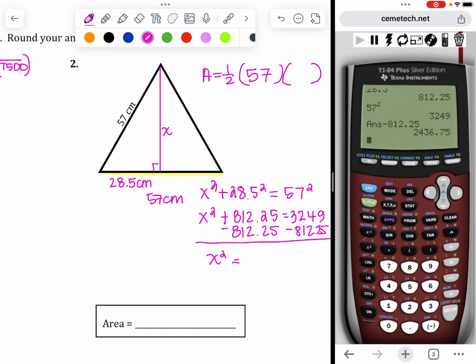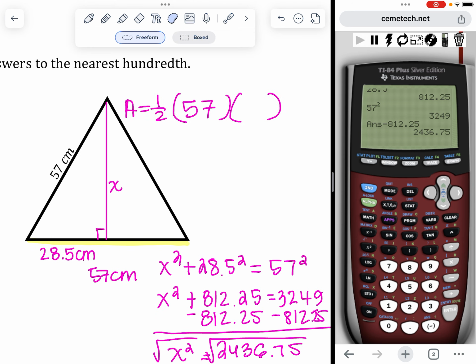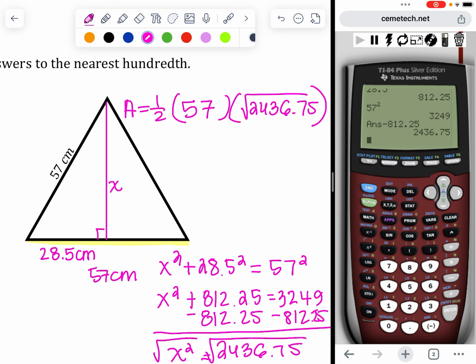Enter. So that's 2436.75 and then square root. I didn't leave a lot of room for that radical. So I'm going to do this. Square root of 2436.75.